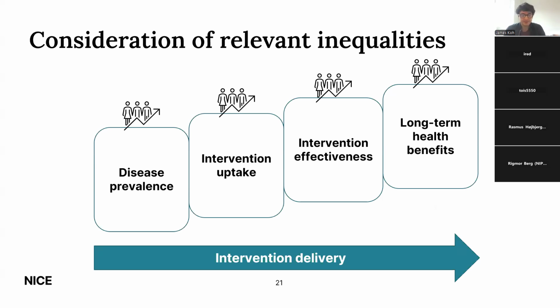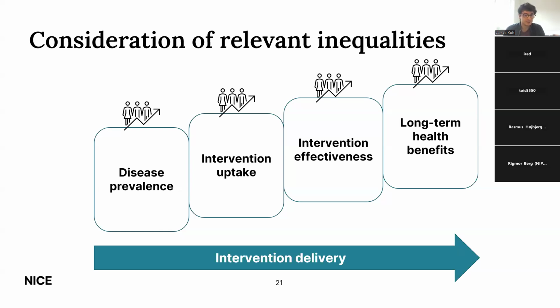Here's a useful way of conceptualizing how we might go about modeling the health inequality impact. It's variously been called the inequality staircase, where you look at the different stages of disease and treatment, and you can model the inequalities at the individual steps and combine those together to give an overall picture of what the health inequality impact is.